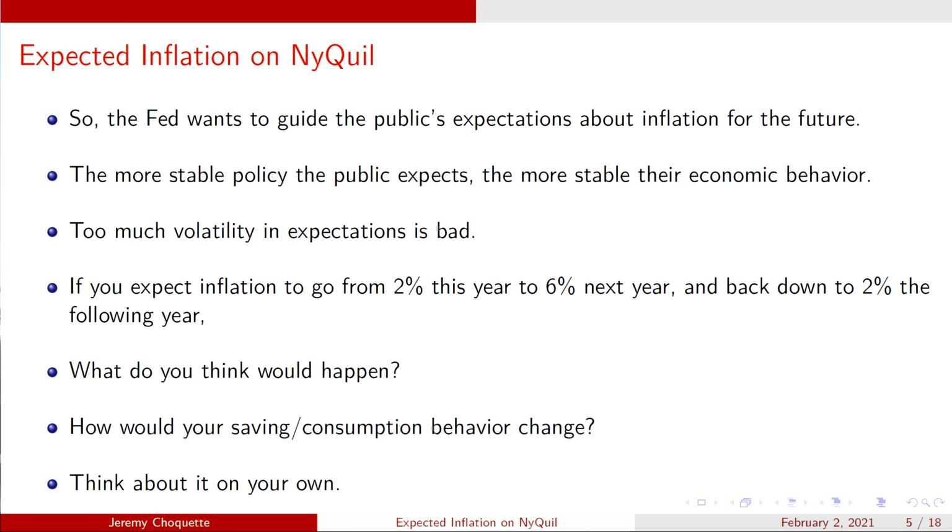Think about what's going to happen to the demand for money, and that will help guide your thought process on how the savings and consumption behavior will be changing in response to this major variability in expected inflation.